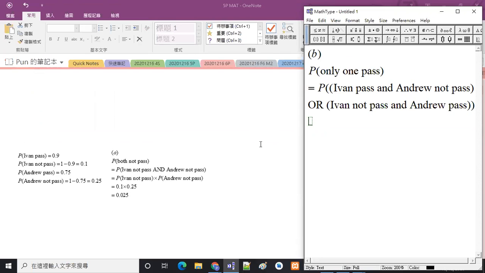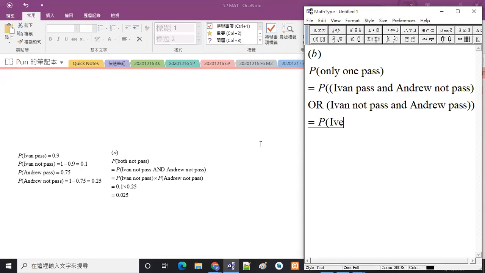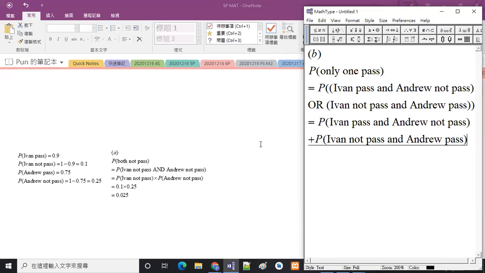Now we may split the probability of A or B to be P(A) plus P(B). A is Ivan pass and Andrew not pass, and plus B is Ivan not pass and Andrew pass.